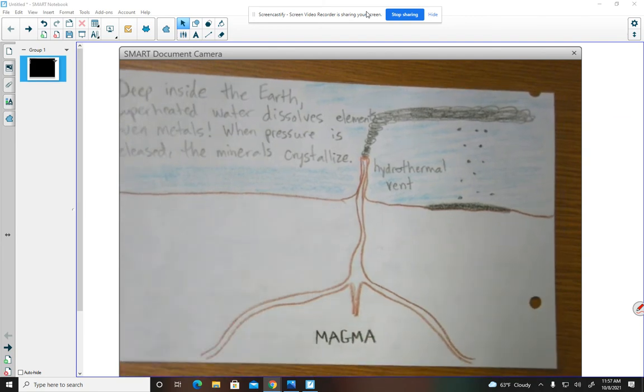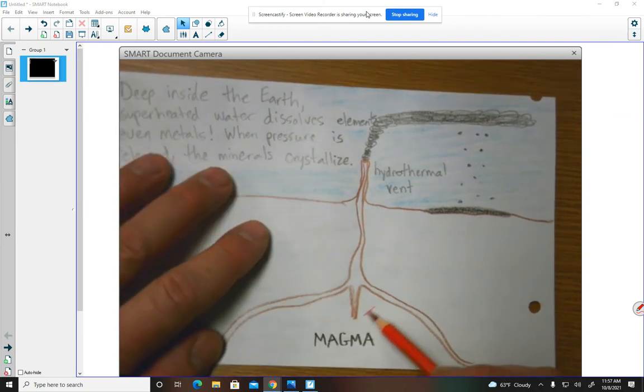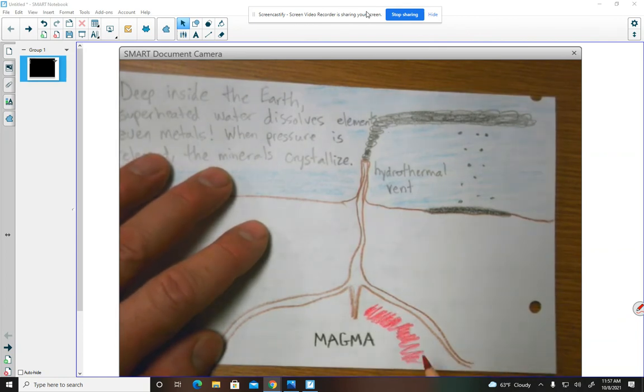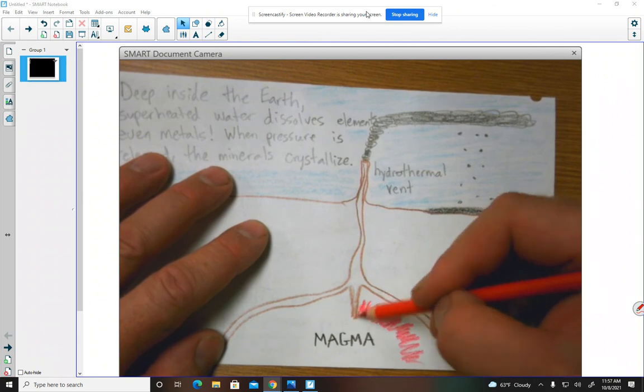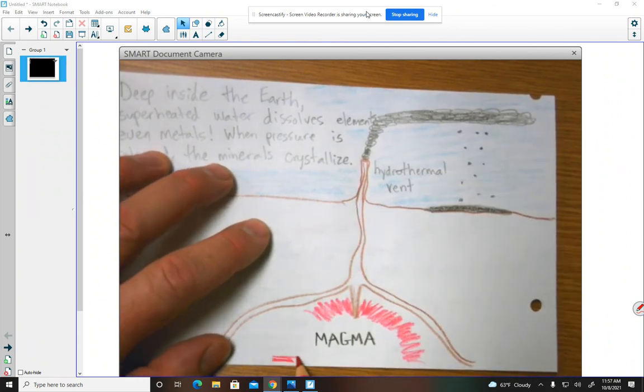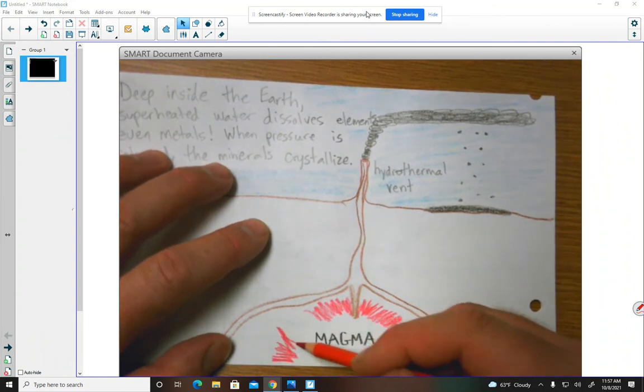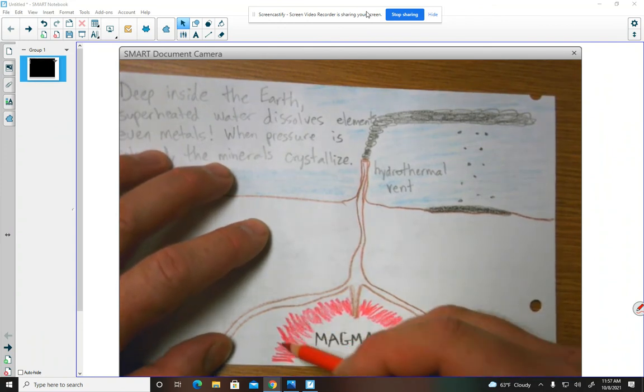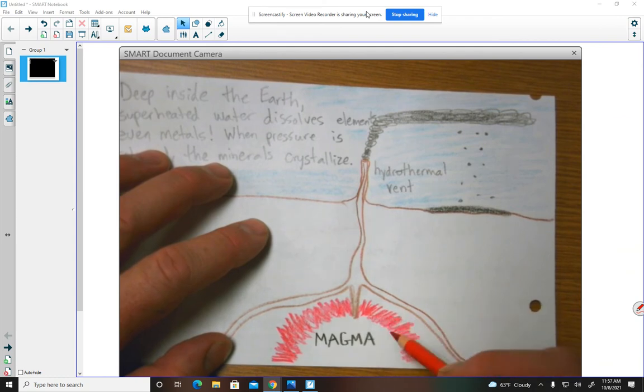All right, so I'm going to really shade mine in. I'm going to do red on the edge. Then I'm going to bring in some orange.